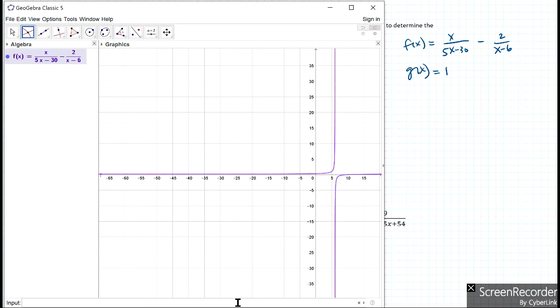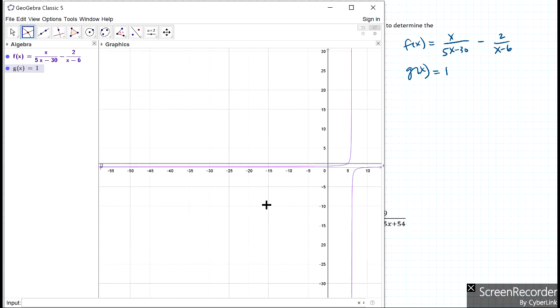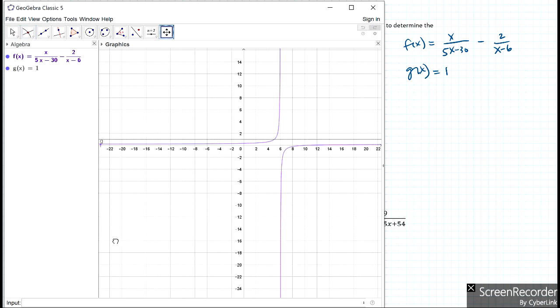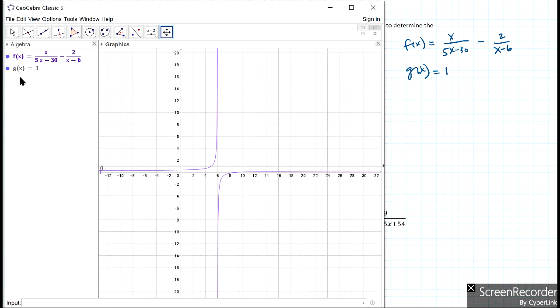Once we do so, we can see this purple curve is going to be the graph. And g of x is going to be the horizontal line again, because it's a constant function. So we have g of x equal to 1 over here. Feel free to zoom in a little bit as well, to focus on this point.